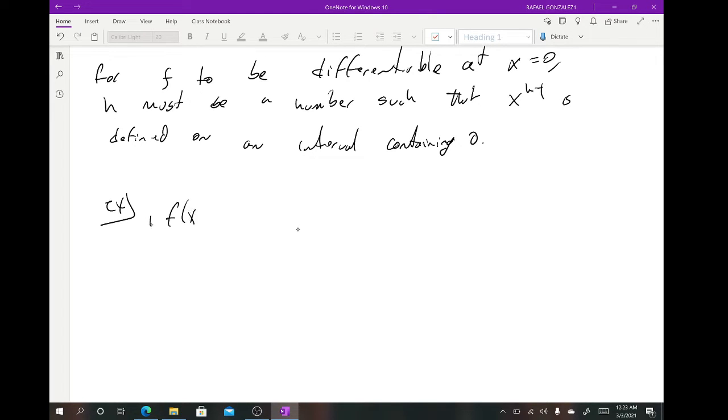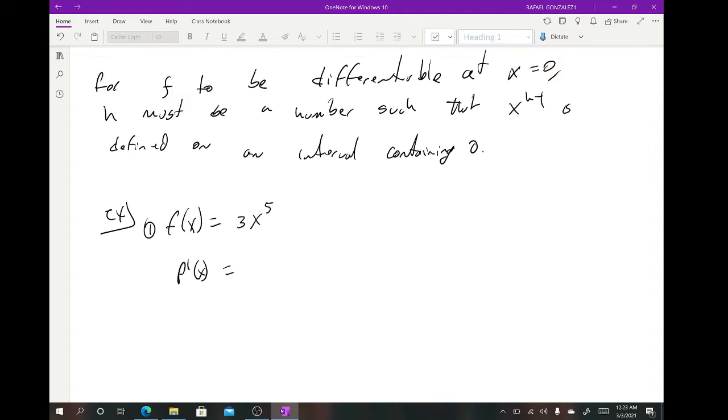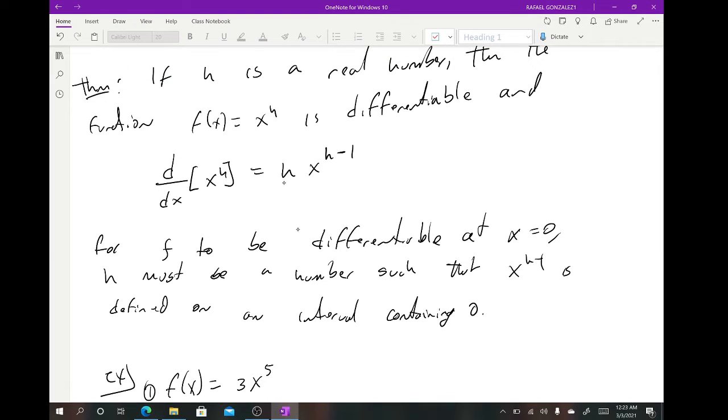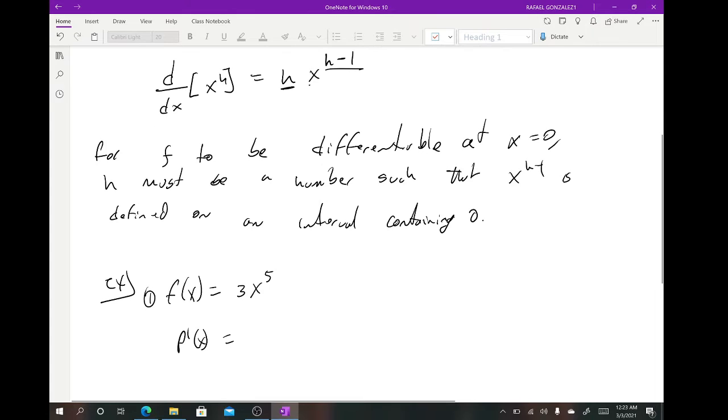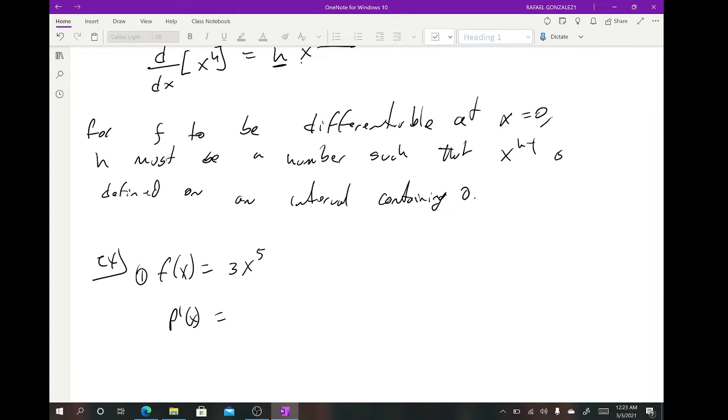Power rule says that if you have the following scenario, let's say f of x equals 3x to the fifth, then the derivative f prime is going to be what? Is going to be n times x to the power n minus 1. Well, what is n here?